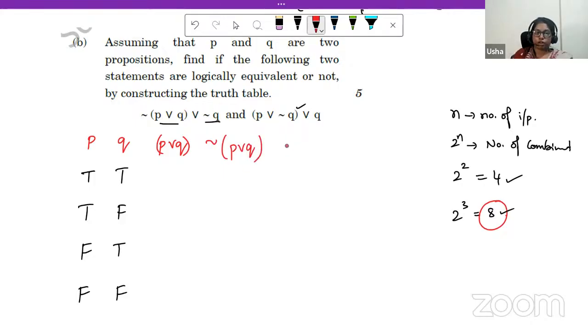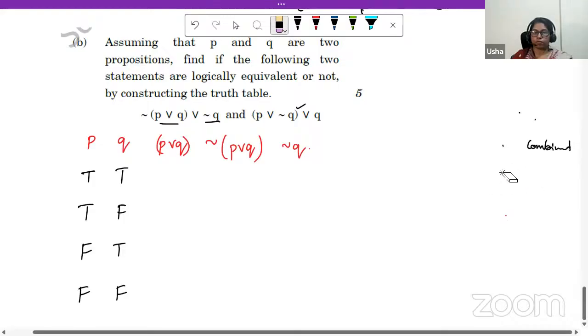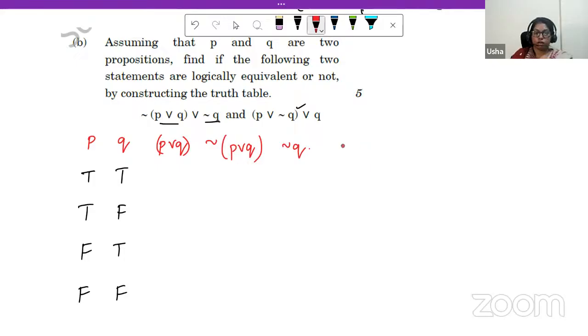After that I will write not Q. Then I will apply disjunction between these two. Not (P or Q) or not Q. This is your LHS. I've named it as column number 1.